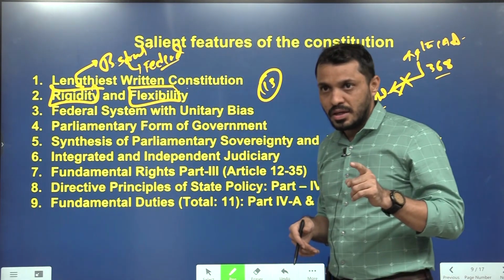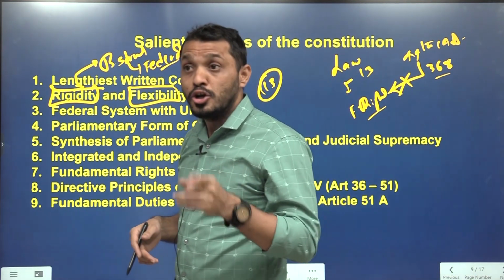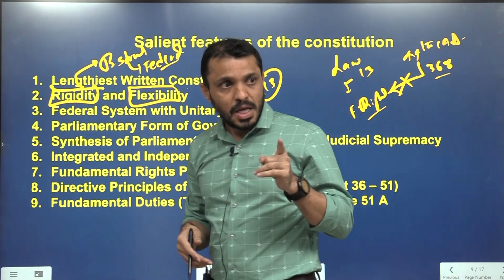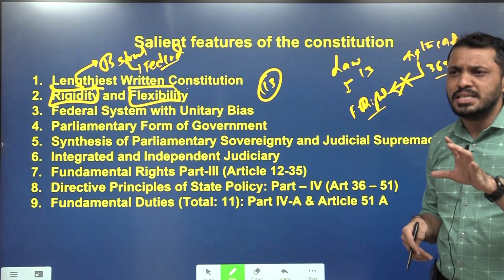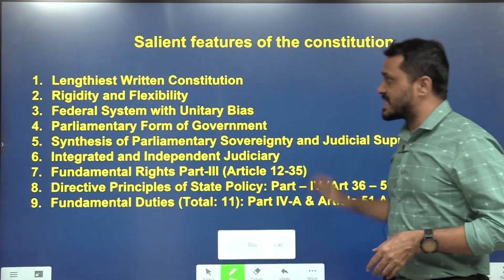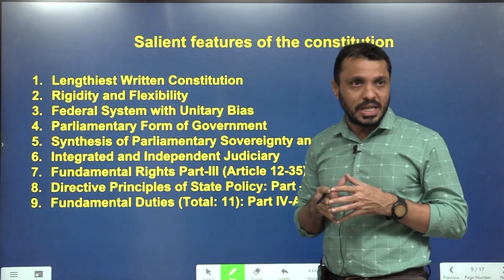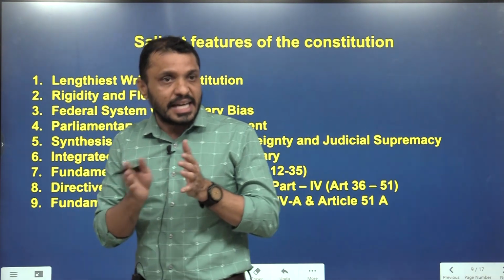That you have to remember. In how many months? Six months, six weeks or six months? No time limit. That you have to remember. These are the points where you will be tricked. Assemblies can take whatever time they like. We'll discuss that. So this is the second feature: the Indian Constitution is both rigid and flexible. Amendment is difficult in some parts and easy in some parts.